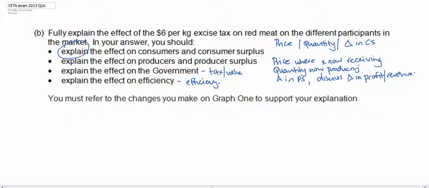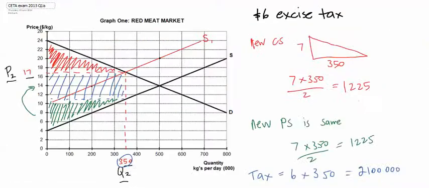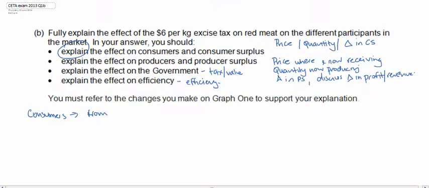Okay, so if we quickly run through that, what are we saying? Consumers, have a quick look again, from originally $14 to now $17, from $14 to $17. Consuming from, I'm summarizing this by the way, from 500,000 kgs to 350,000.